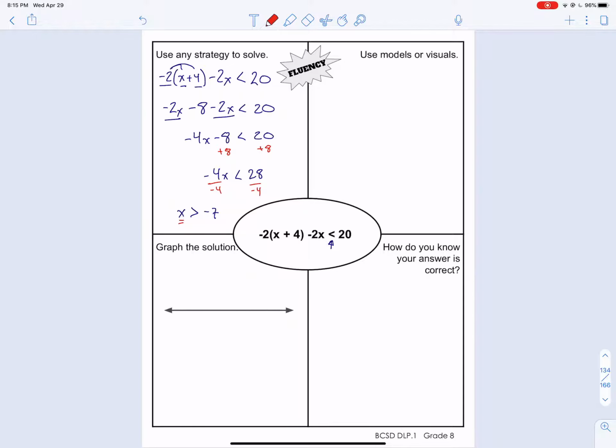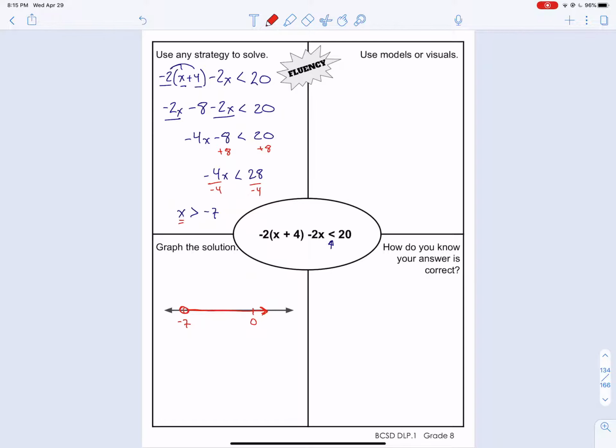I'm going to put my 0 right here. So the -7 is somewhere over here, and then we're going to graph it with an open circle. And then any number greater than, so greater means to the right. Any number that's over here to the right of -7 is a possible answer.